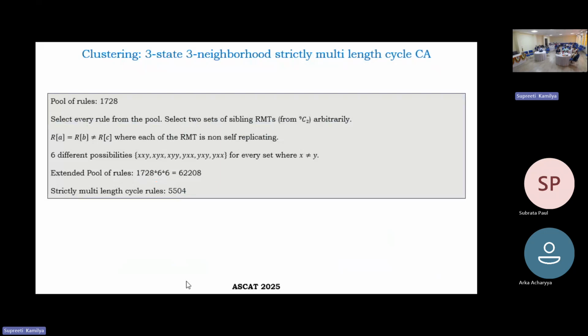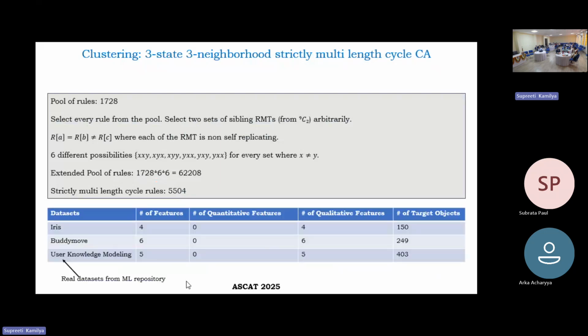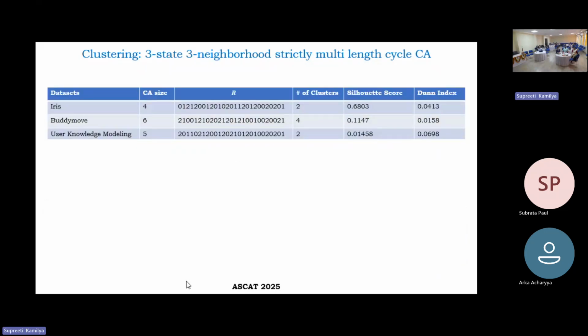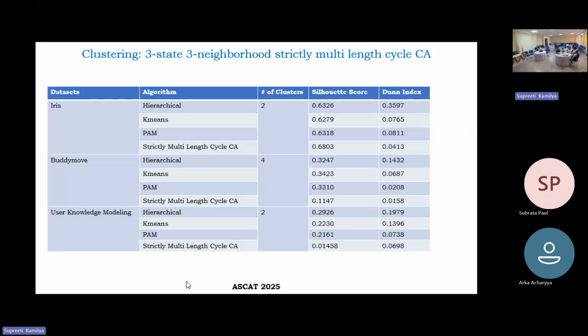Out of these 554 effective rules, we have done experimentation on these data sets: iris, body move, and user knowledge. We identified a few of the 3-state 3-neighborhood rules which are effective, depending on the CLO test score and Dunn index. And finally we compare.